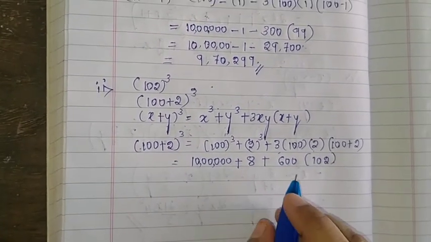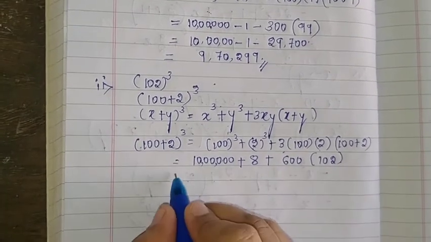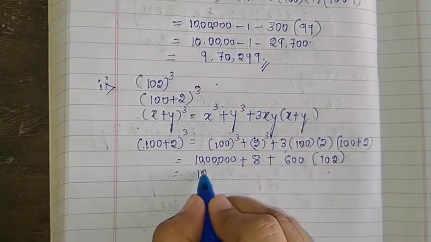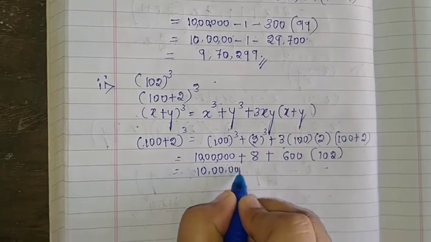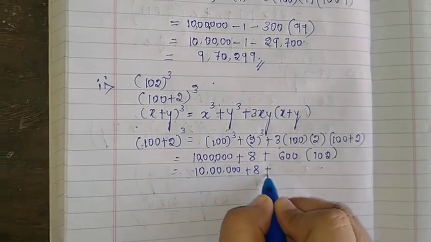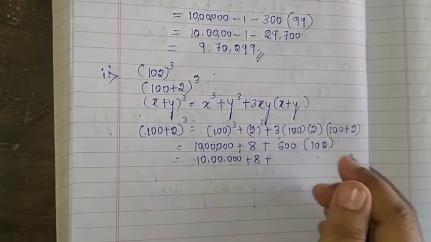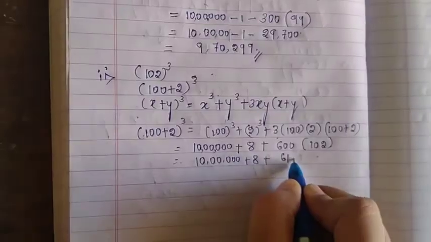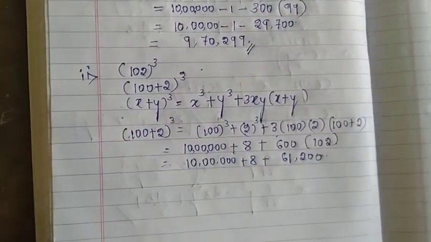Okay, so now this will be equal to plus 8 plus 600 into 102 is nothing but 61,200.